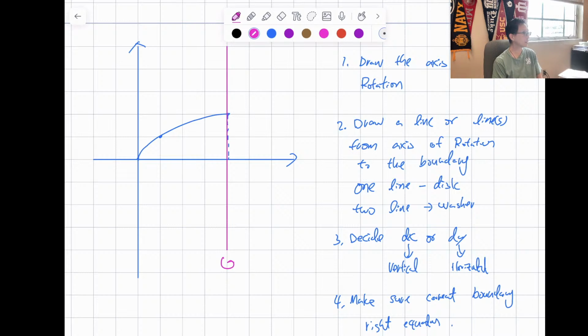Okay. Jing, is this gonna be a disc or washer? Disc? Okay, what kind of shape will this look like? Can you describe this shape? What kind of 3D shape is the best description that you can come up with?